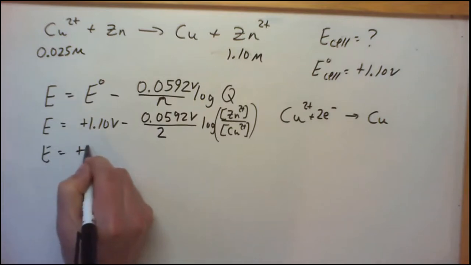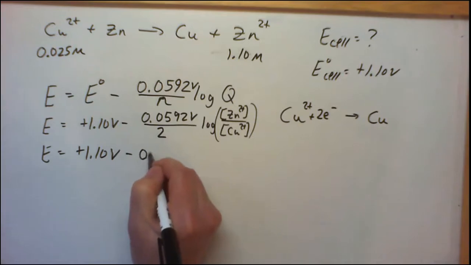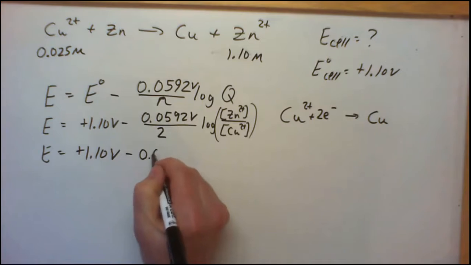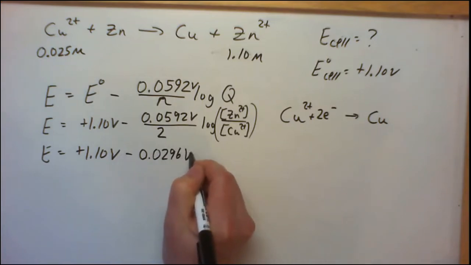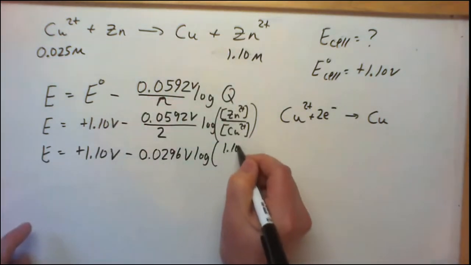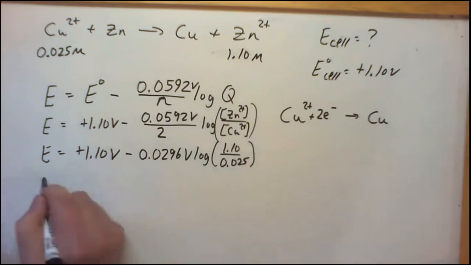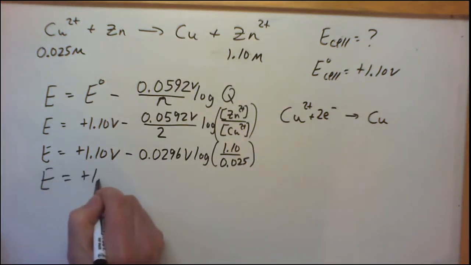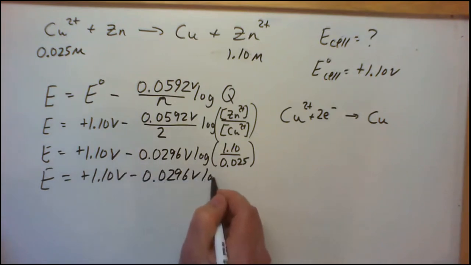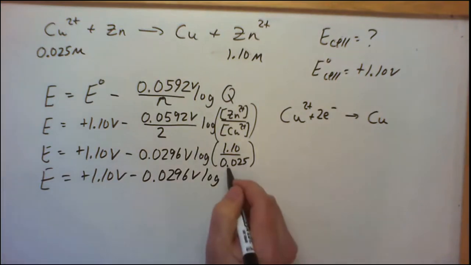So we have E equal to positive 1.10 volts minus, this simplifies slightly to 0.0592 divided by 2, 0.0296 volts times the log of the concentration of zinc, 1.1, divided by the concentration of copper, 0.025. So E is equal to positive 1.10 volts minus 0.0296 volts times the log of this ratio. 1.1 divided by 0.025 is 44.